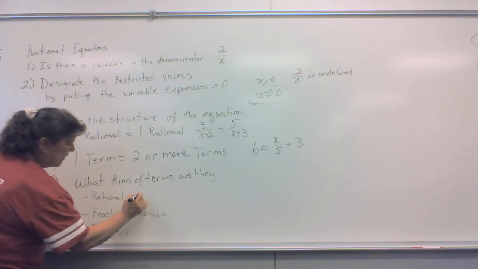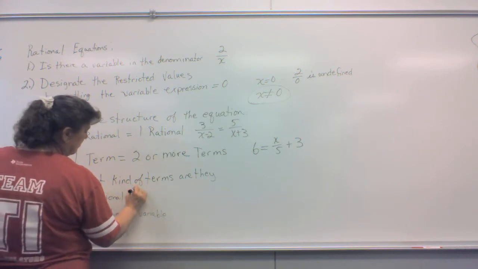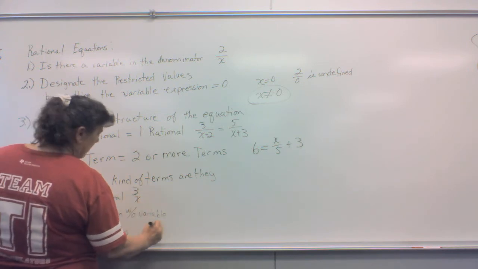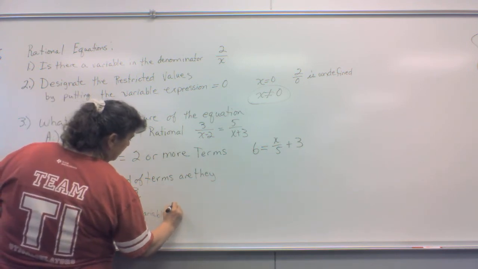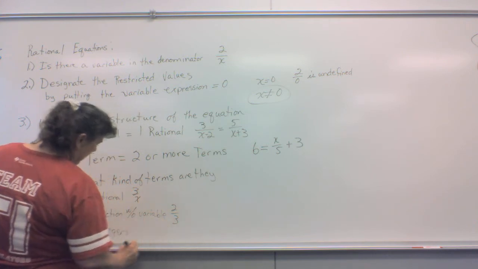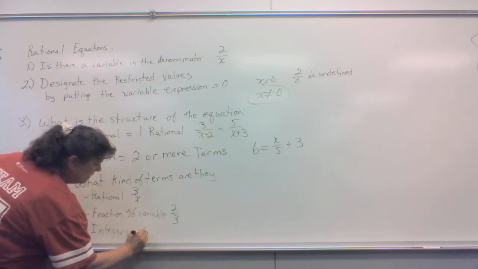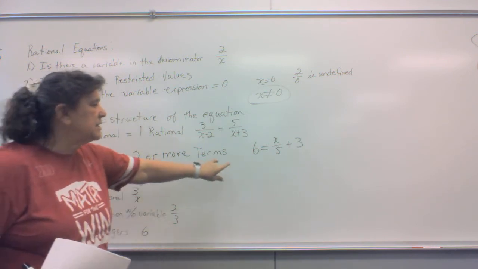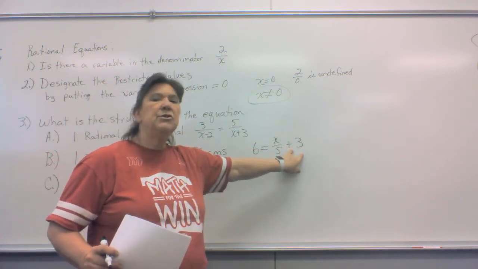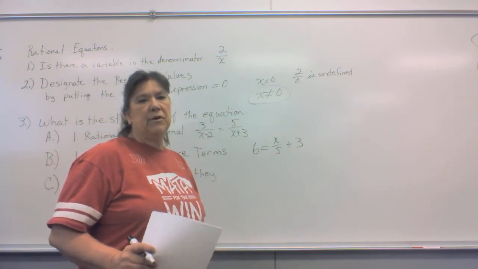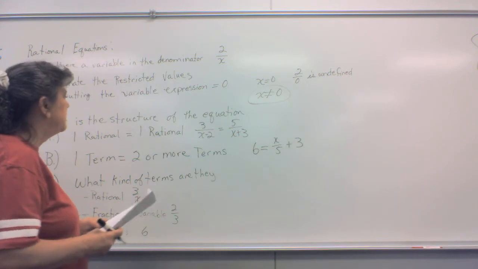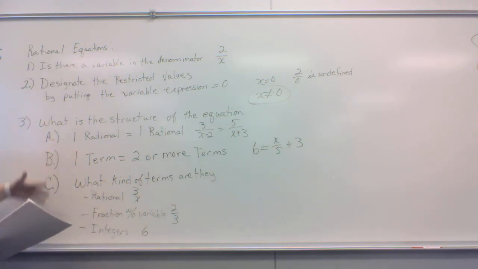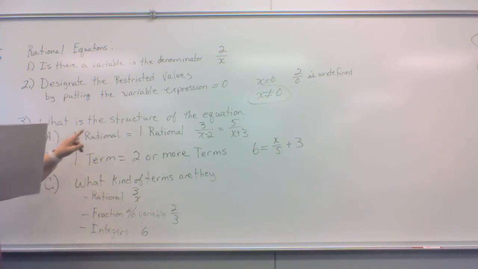A rational would be something like 3 over x. A fraction without a variable would be 2/3. And an integer would be like the number 6. So in this here, we have an integer and a rational term with a variable. Okay? So these are the three kinds of things you're going to deal with. Or we might have two terms equaling two terms. So that would be another possibility.